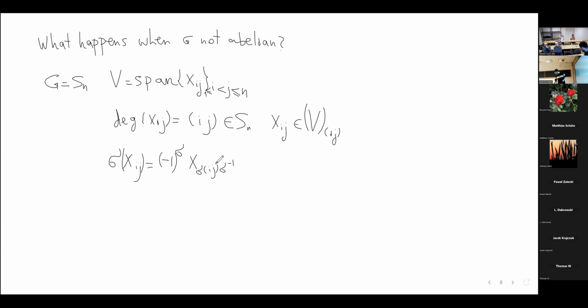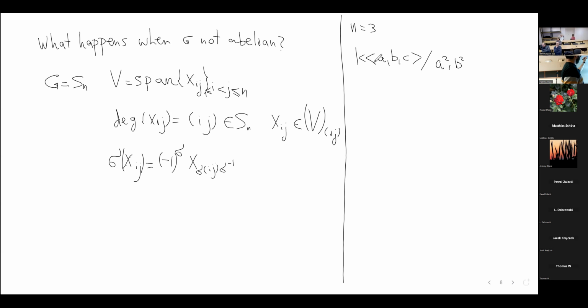Here's an example of something that happens. Let's take the case n equal to 3. In this case, we have 3 transpositions, (1 2), (2 3), and (1 3), which I will write as A, B, C. The relations are that A squared, B squared, and C squared all equal 0.